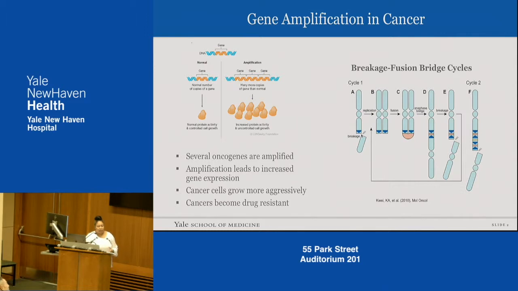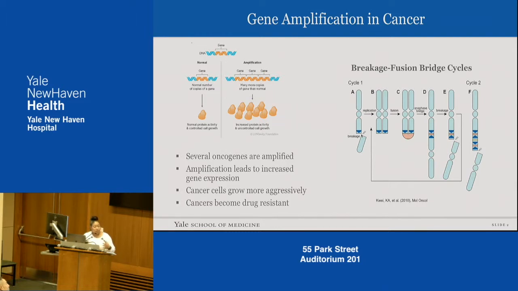So gene amplification happens somatically by various types of mechanisms, one of them being breakage fusion bridge cycles, which causes an increase in the number of discrete regions of the chromosomal arms. These amplified regions can either take place on the original parental arm, they can translocate to another chromosome, or they can result in extra chromosomal elements.